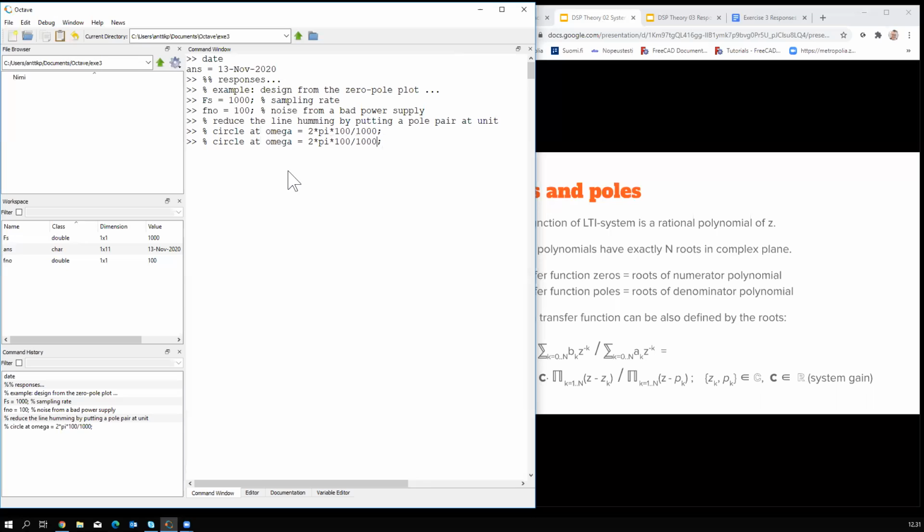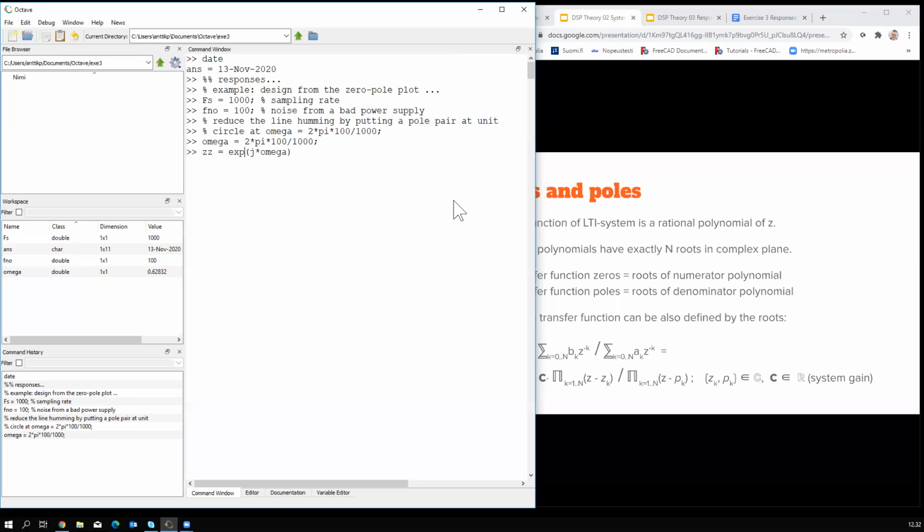And while we are at it, why not just make it like this? Okay, here we have the omega for, not pole pair, it's a zero pair. Sorry about that one. A pole will be used to adjust the gain. Okay, so pole. Oh, that was 0. And now the zero itself must have this one, j times omega, but also the complex conjugate pair.